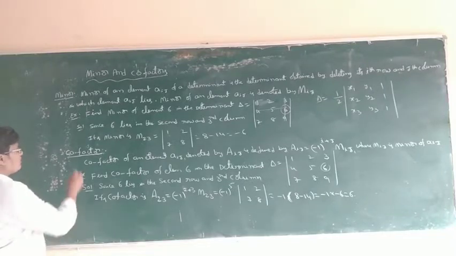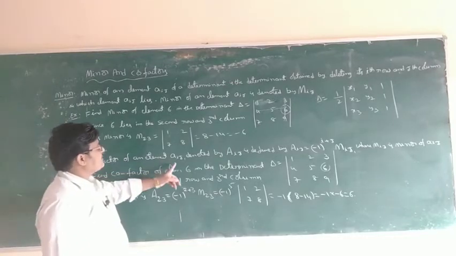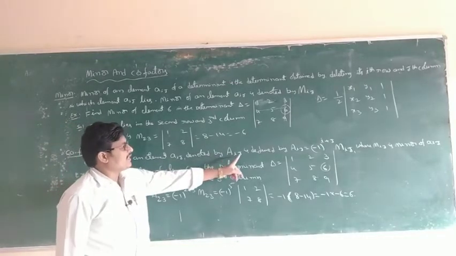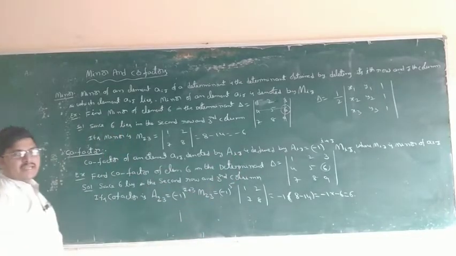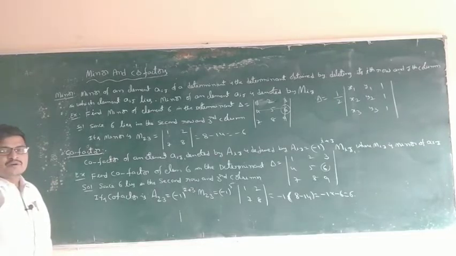Next, cofactor. The cofactor of an element aij is denoted by capital Aij. Capital Mij means the minor of small aij.